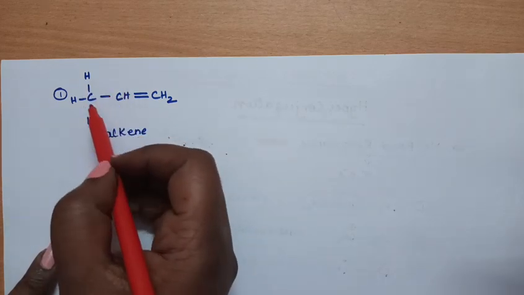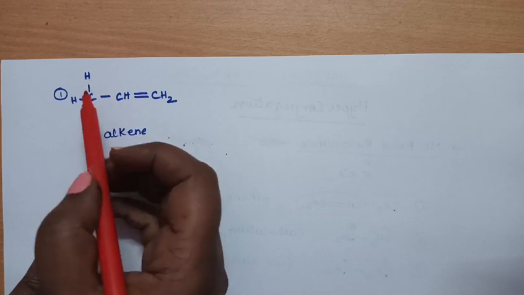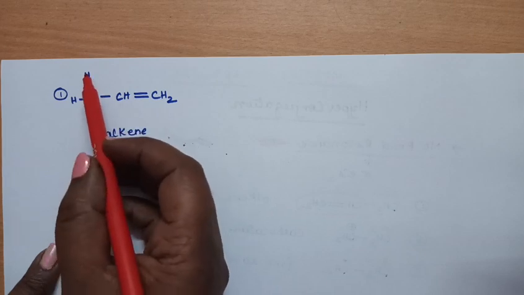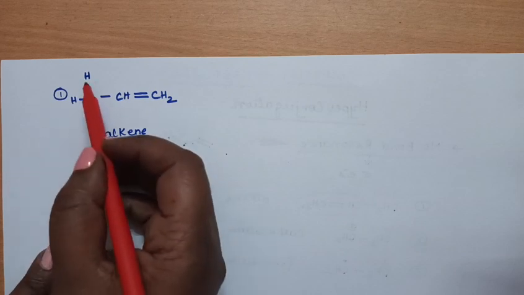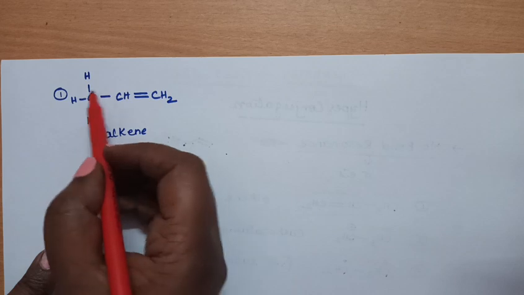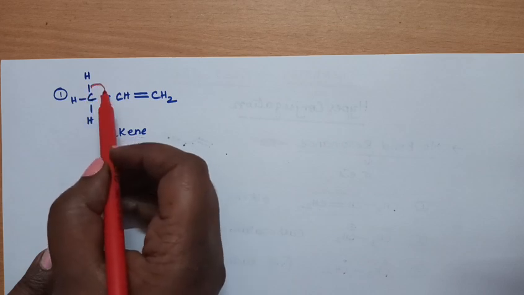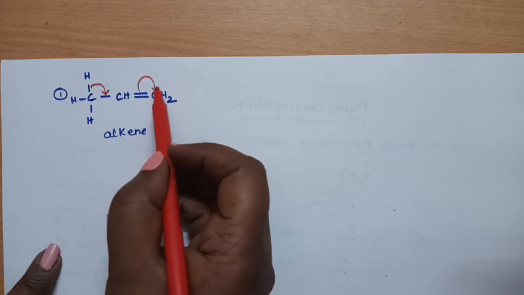This is the sp3 carbon and these are alpha hydrogen atoms. How many alpha hydrogen atoms are there? 1, 2 and 3. This alpha hydrogen atom is connected to the carbon by a sigma bond. This sigma bond will shift here like this and this bond will shift here like this.